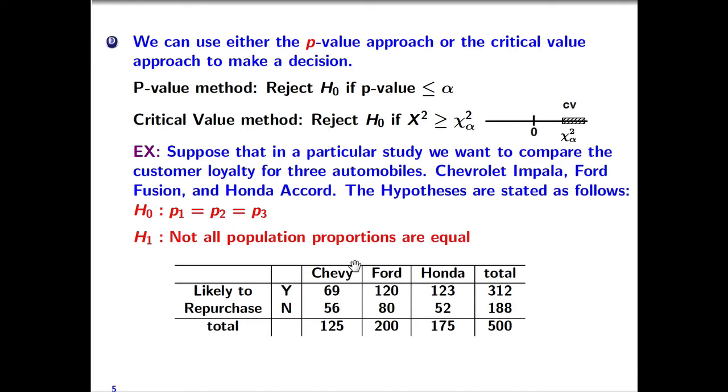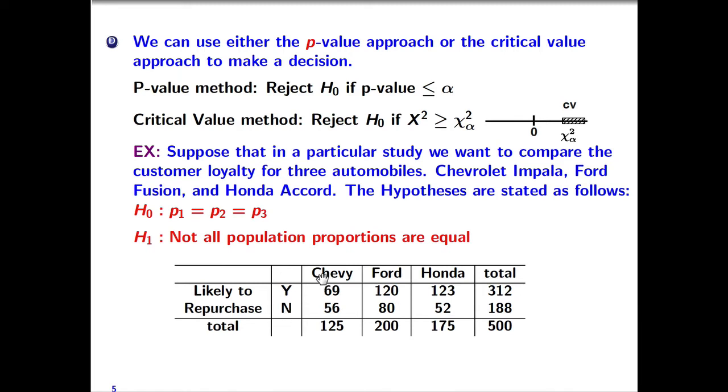Here's the sample result table. Likely to repurchase, you have yes for Chevy 69, for Ford 120, for Honda 123, and the subtotal for yes is 312.